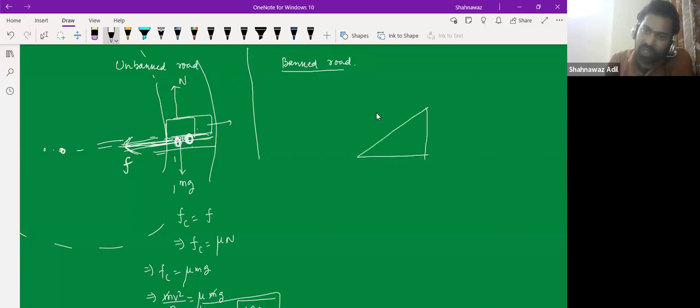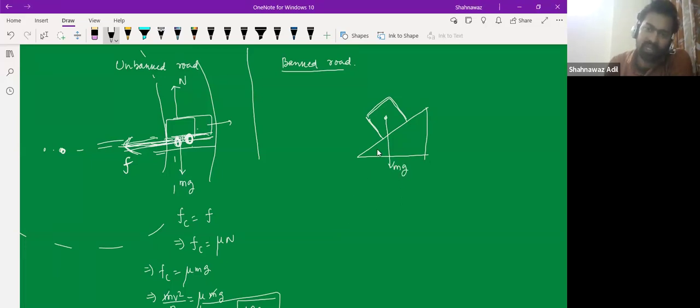This is the road, and the car is traveling in this direction. In this question, always remember that you have to take this as your axis.